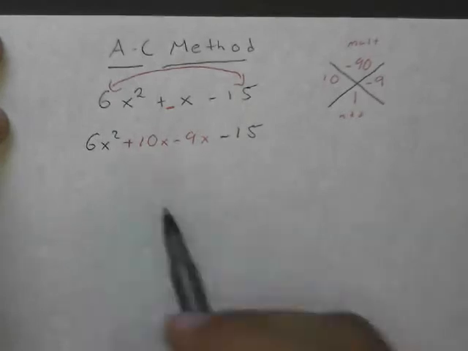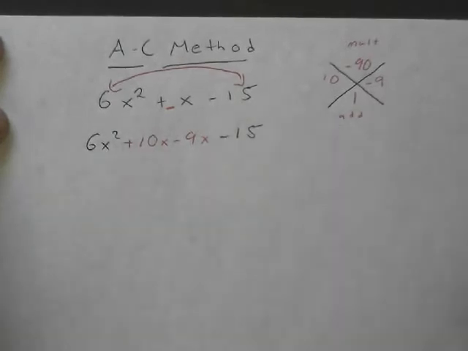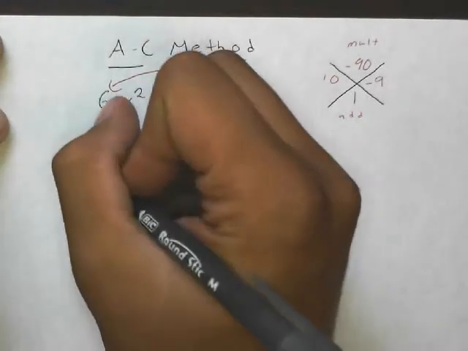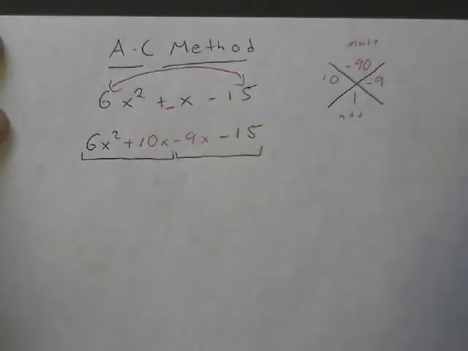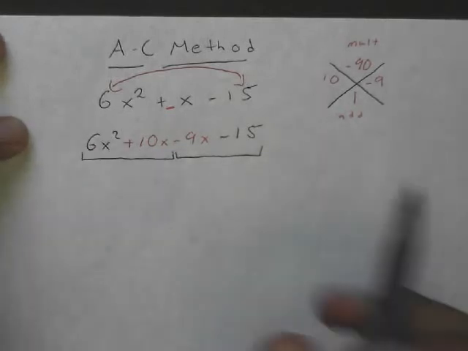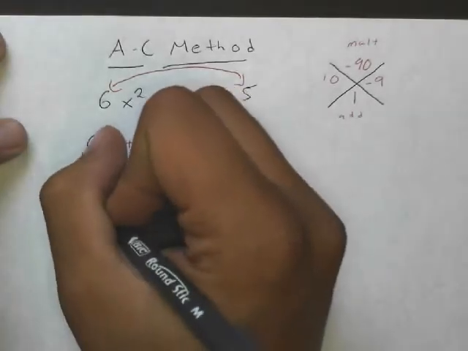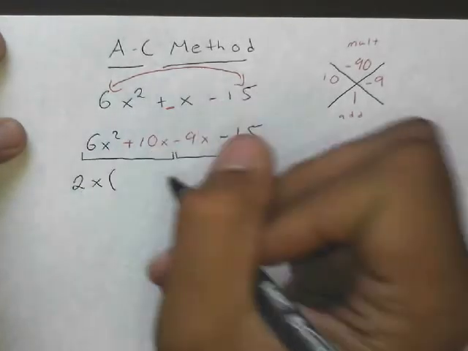Now I have a 4-term polynomial. With 4 terms, we're going to use factor by grouping, which we've discussed in a previous video. So I will group the first 2 terms together and the second 2. From this first group, 6x squared and 10x, I can factor out a 2x.